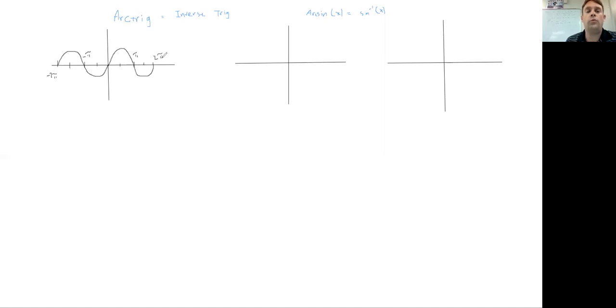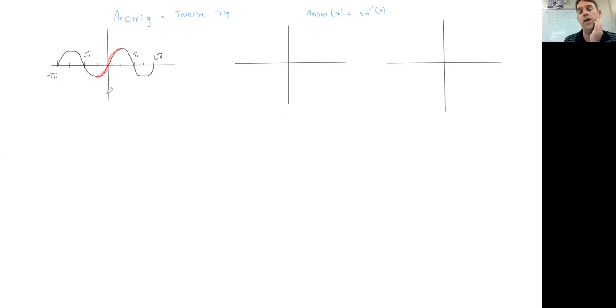Now remember, when we're talking about inverse functions, they can't just pass the vertical line test. In order for the function to be invertible, we also need to pass the horizontal line test. So in order to do that, it has to be able to get through both. Let's see if I can make that a little bit smaller.